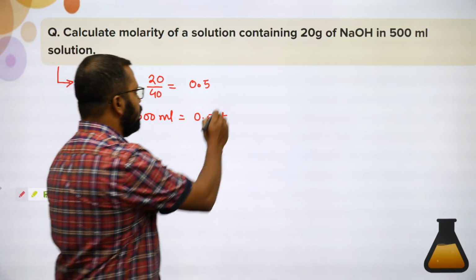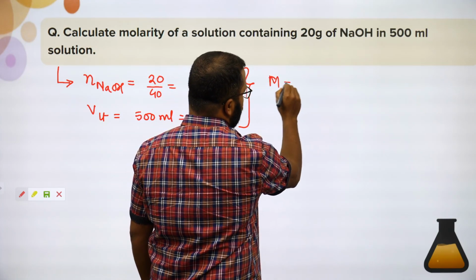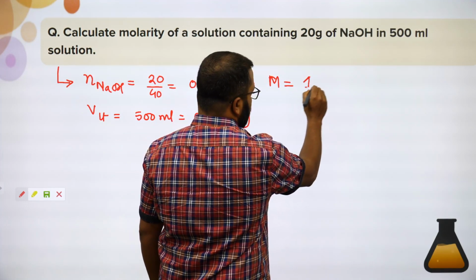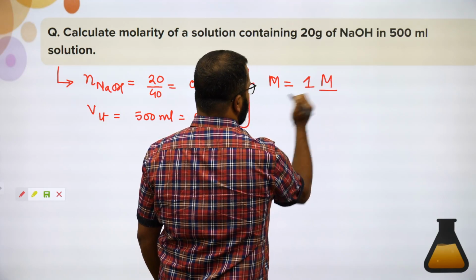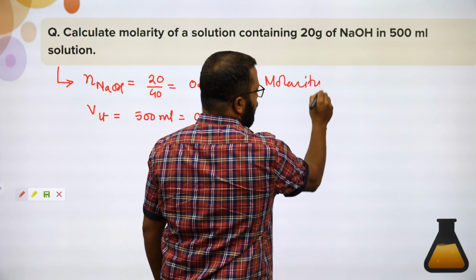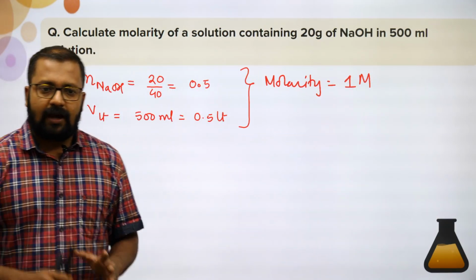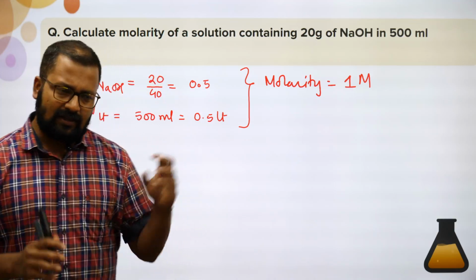The molarity turns out to be equal to 1 molar. Molarity is 1 molar. This is very easy, and this is the easiest part.